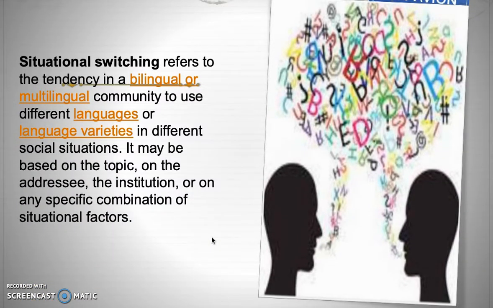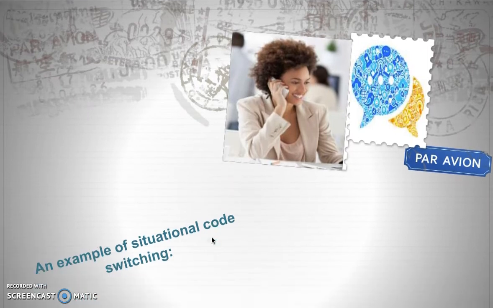So what about situational switching? It refers to the tendency in a bilingual or multilingual community to use different languages or language varieties in different social situations. It may be based on the topic, on the addressee, on the institution, or on any specific combination of situational factors.